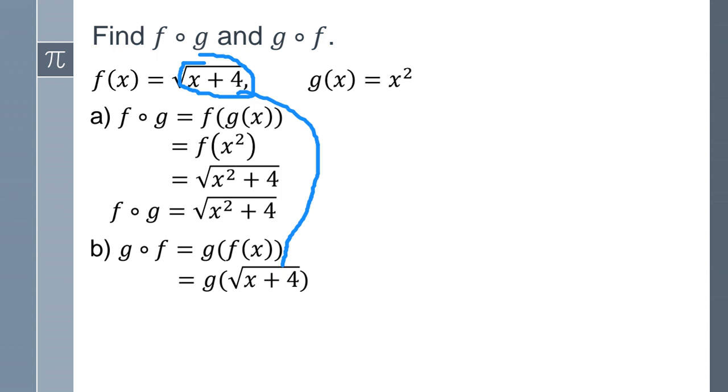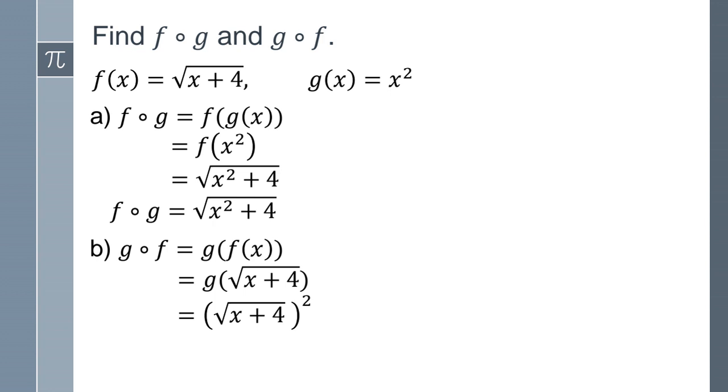Now I'm going to go to my g function, which is this one here, and plug in the square root of x plus 4 for every x. So the square root of x plus 4 squared, these will cancel, right? The square root will cancel with the square, so it's going to give us x plus 4.